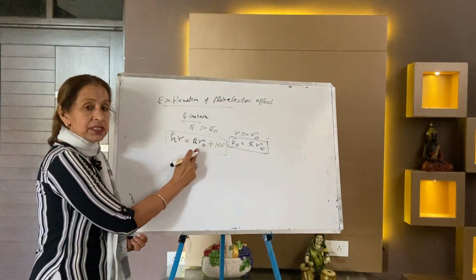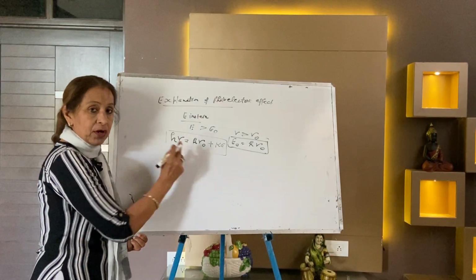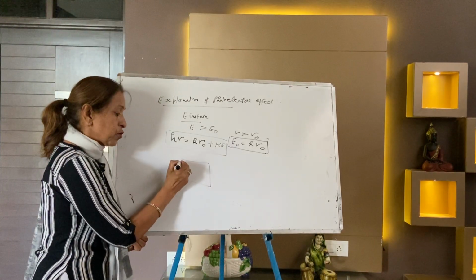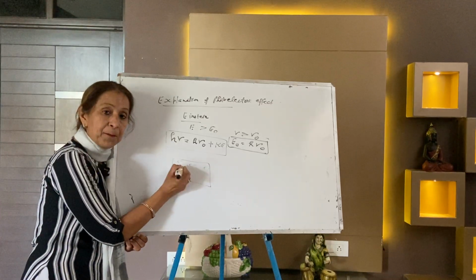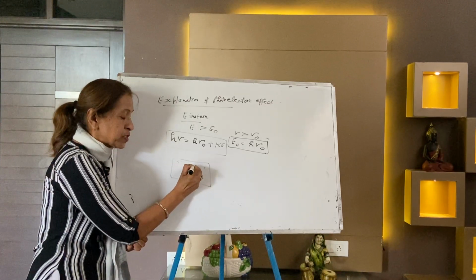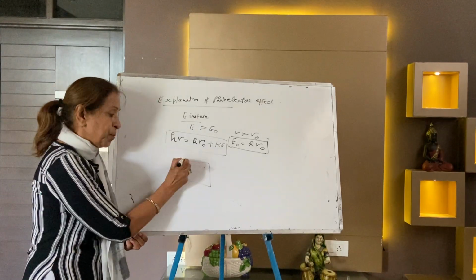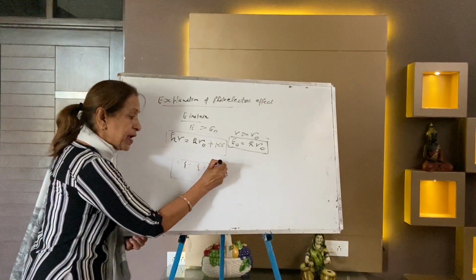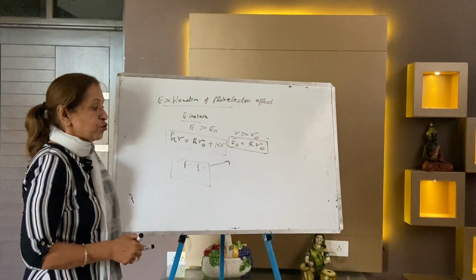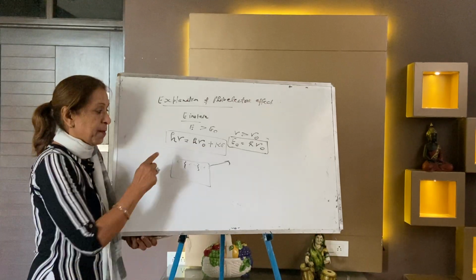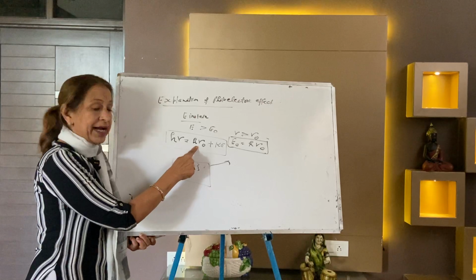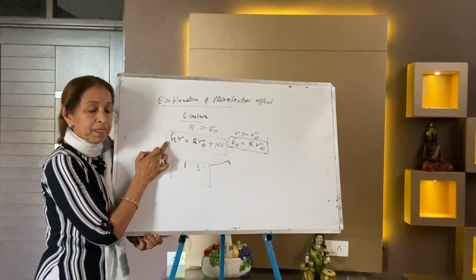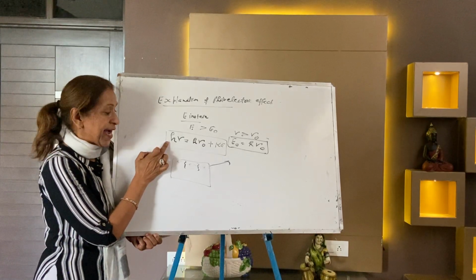h nu naught is the energy required by the electron. Suppose this is your metal surface. There are electrons, and these electrons are bound to each other with a minimum force, which is called the work function. To break this force, h nu naught is required, and for coming out, kinetic energy is required. So the formula of the photoelectric effect becomes h nu is equal to h nu naught plus kinetic energy. Again listen, E is h nu, that is, the falling light has energy h nu.